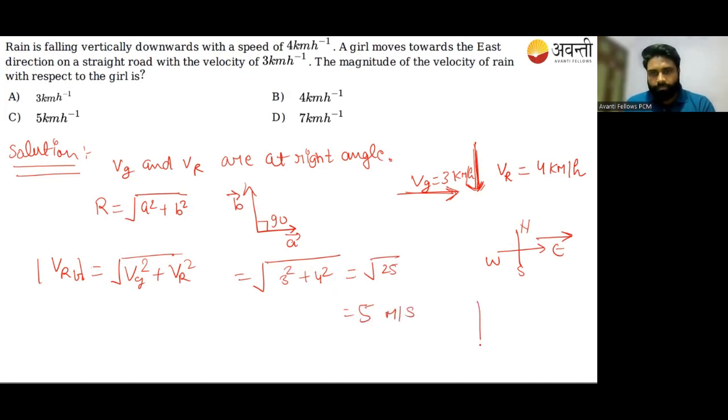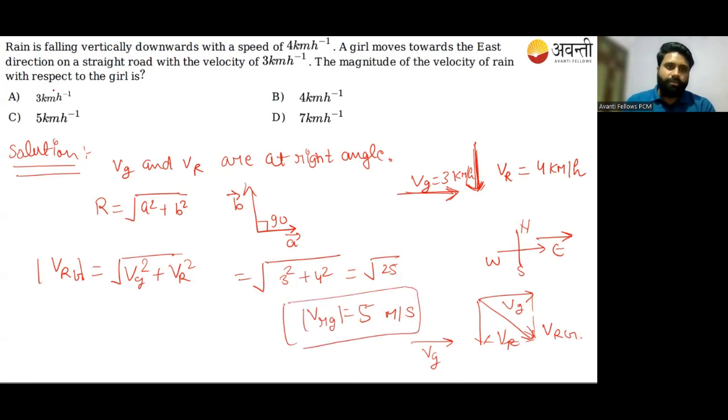Although this is the velocity of rain and this is the velocity of the girl, the vectors are free to rotate in space. I have taken this Vg here, and if you draw the resultant, it would be in this direction. This is the velocity of rain with respect to the girl, and it has a magnitude of 5 meter per second. So option C is the correct option.